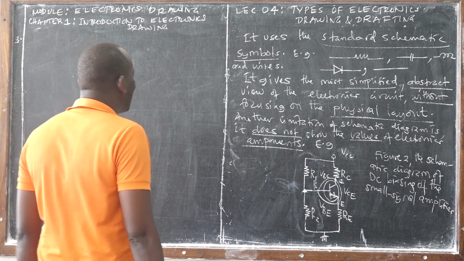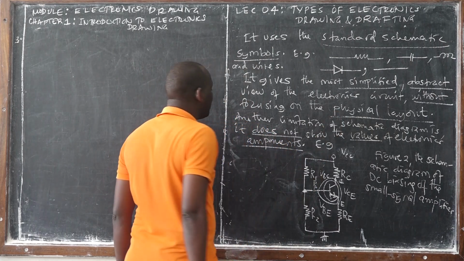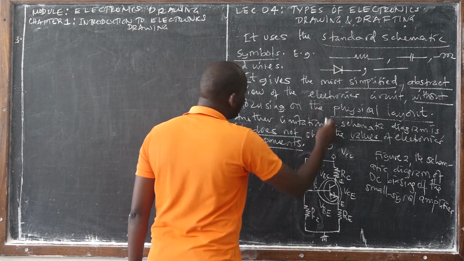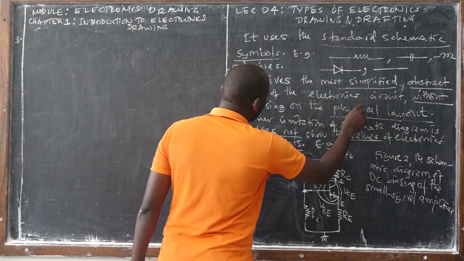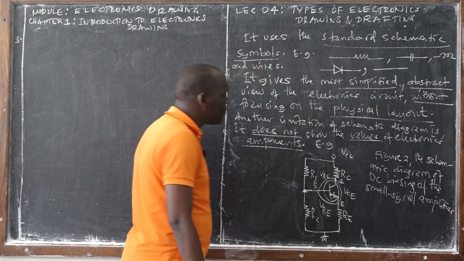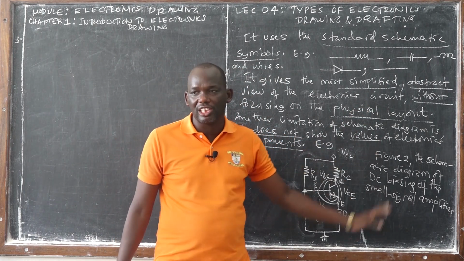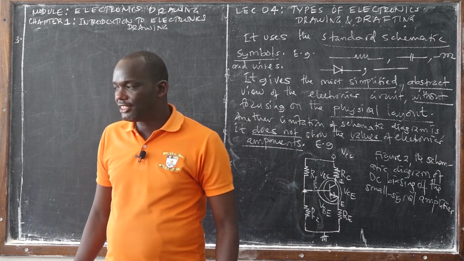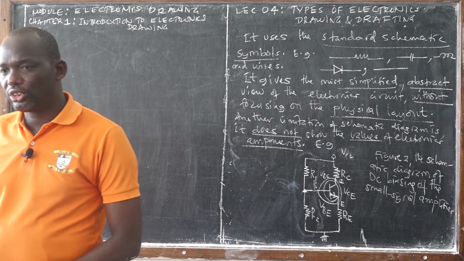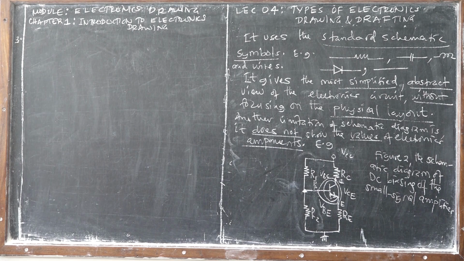Well, Jackson is asking, he did not understand the first limitation of the schematic diagram. In the first limitation, the schematic diagram does not talk about physical layout. For instance, this is a physical mobile phone.